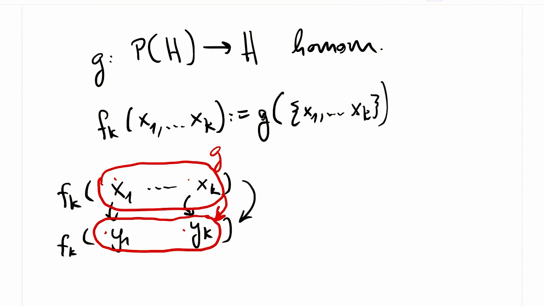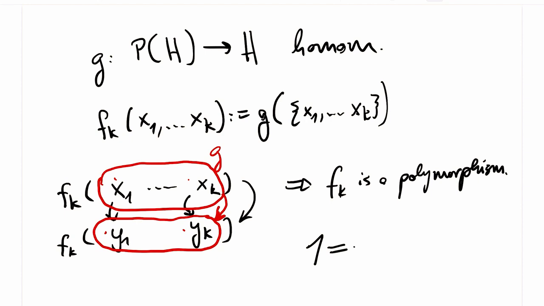And this is precisely the definition of fk. So there will be an edge from fk applied to the x's to fk applied to the y's. So fk is a polymorphism. This concludes the proof 1 implies 2.